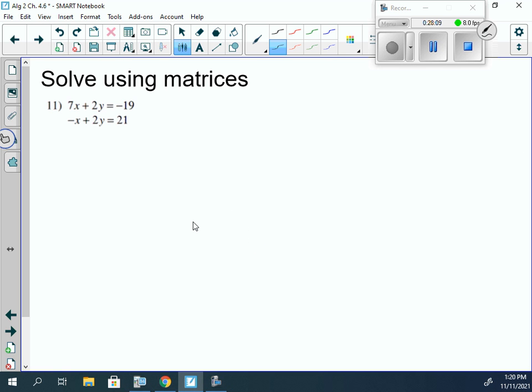Let's look at one more. We'll look at this one here. Now, if we want to do this in matrices, we'll need to write out what the matrices are.